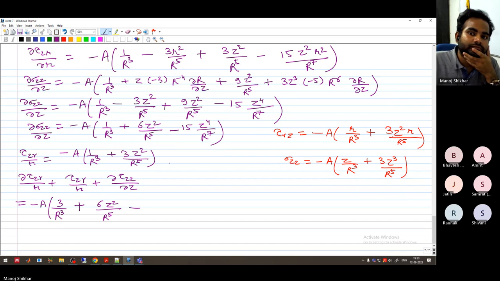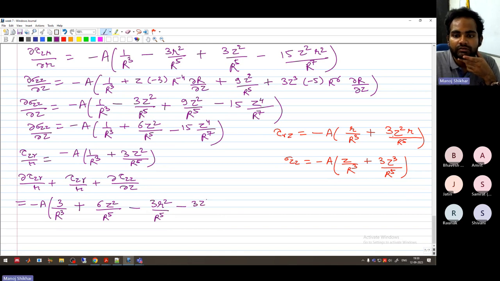Okay. Minus, from here we have 3 r square by r to the power 5. And here we have minus 3z square by r to the power 5.